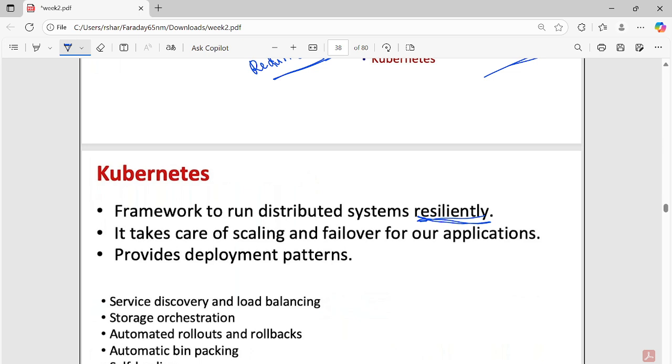Because we have redundant nodes or redundant compute units, this redundancy helps run the system without any faults. It takes care of the scaling and failure of our application, and it provides some deployment patterns. So this is a very high level view of what Kubernetes does.